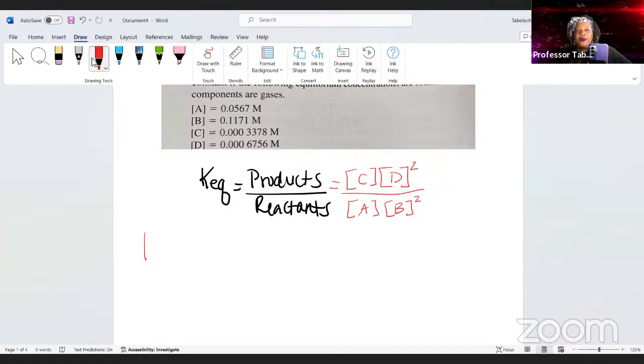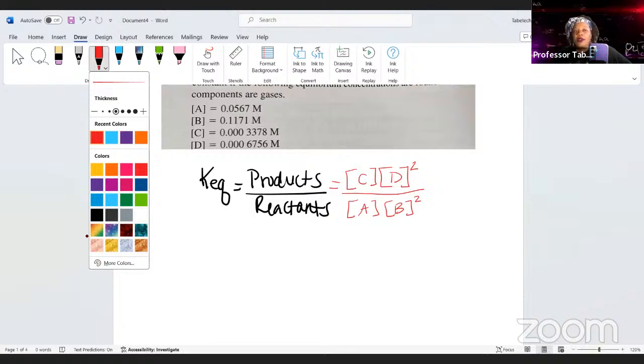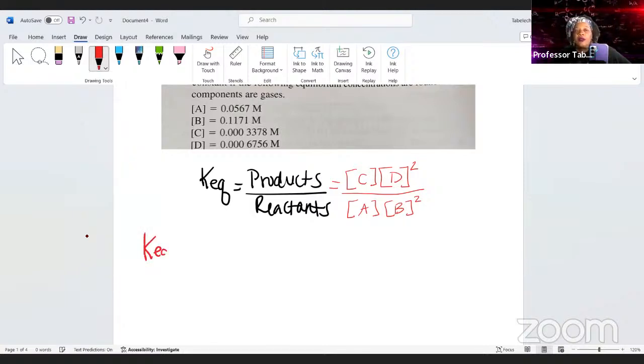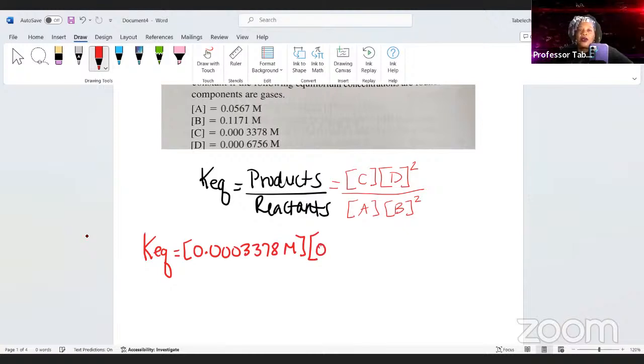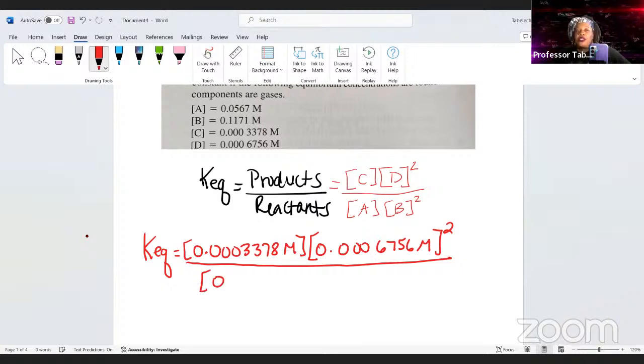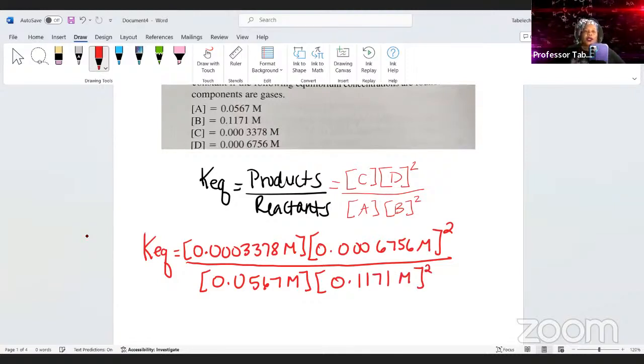For my KEQ, I'm going to put my C, which is 0.0003378 molarity, times your D, which is 0.0006756 molarity, but that is squared, divided by A, which is 0.0567 molarity, times B, 0.1171 M, and that's also squared.